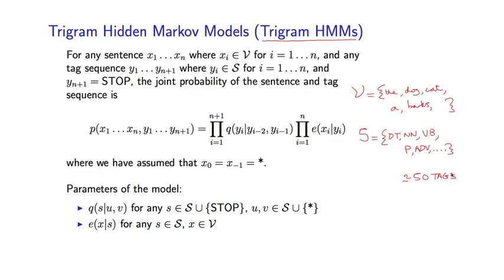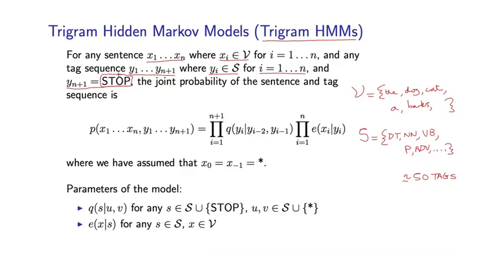Okay, so we have these two sets, and then a sentence is a sequence of words x1 through xn where each xi is in V, and a tag sequence is going to be a sequence of tags y1 through yn plus 1, where yi is in S for i equals 1 to n, and yn plus 1 is STOP. I'm again going to make use of this stop symbol, which we saw in the previous lectures on language modeling.